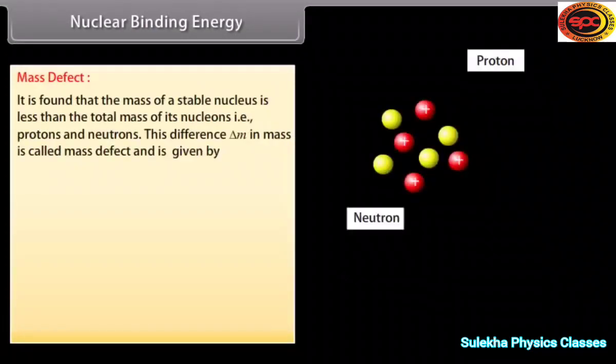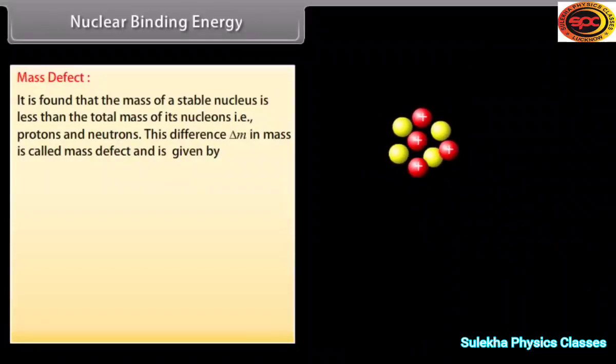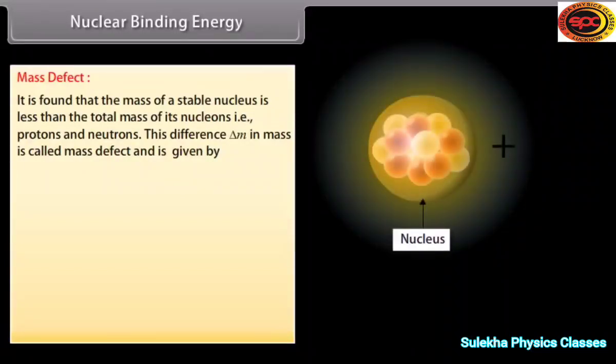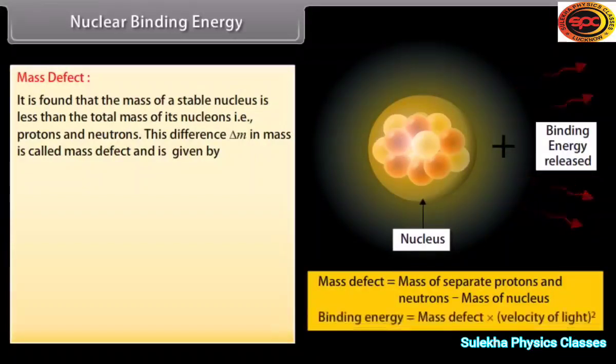It is found that the mass of a stable nucleus is less than the total mass of its nucleons, that is protons and neutrons.